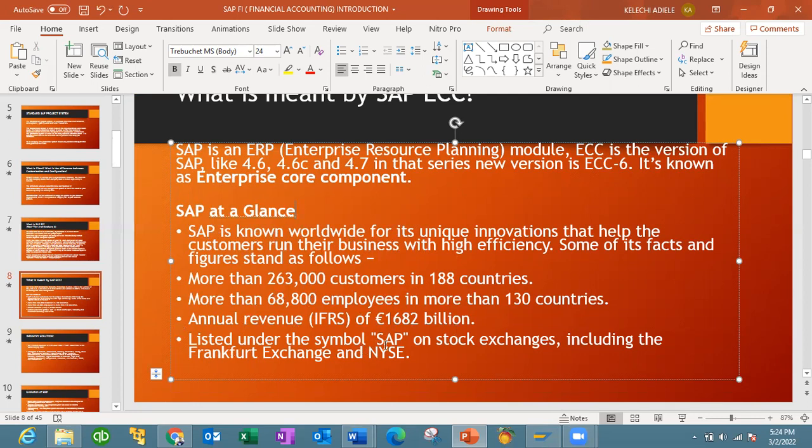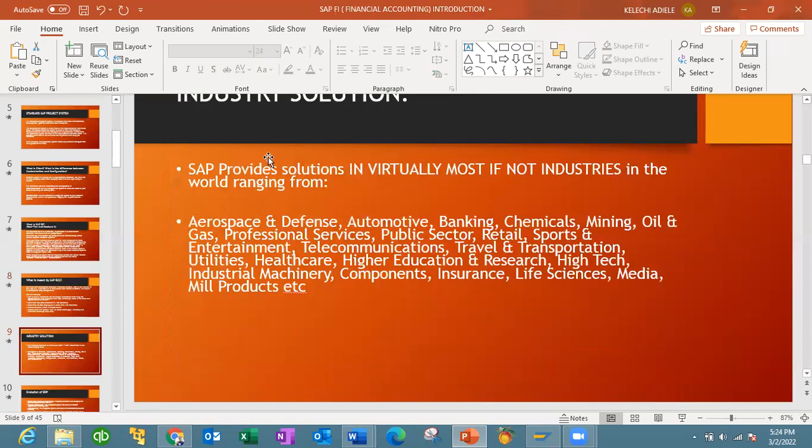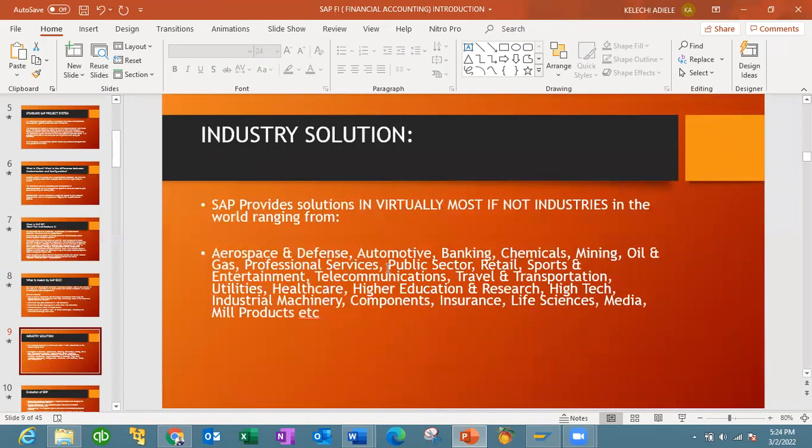Listed under the symbol SAP at stock exchanges, including Frankfurt Exchange and New York Stock Exchange. So it's a very big company, very big. Yes, probably in a lot of countries. So let's look at the industry solutions you can get in SAP. So you see all the industries that SAP covers: professional services, public sector, retail, high tech, media, life sciences, and so on.